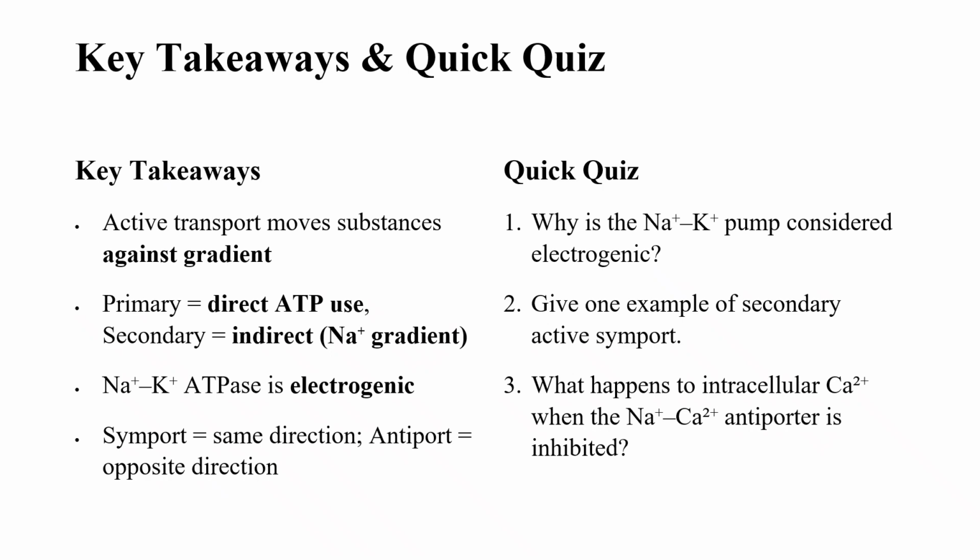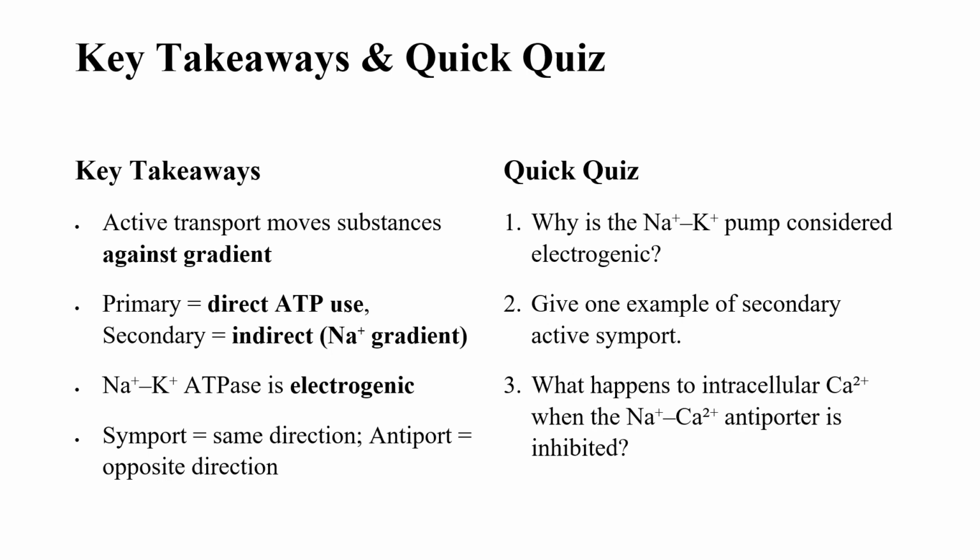Symporters move two substances in the same direction, often facilitating the absorption of nutrients like glucose. Antiporters move substances in opposite directions, playing roles in pH control and calcium excretion. Together, these transporters form a coordinated system that keeps electrical signals sharp, nutrient uptake efficient, and ionic balance stable.